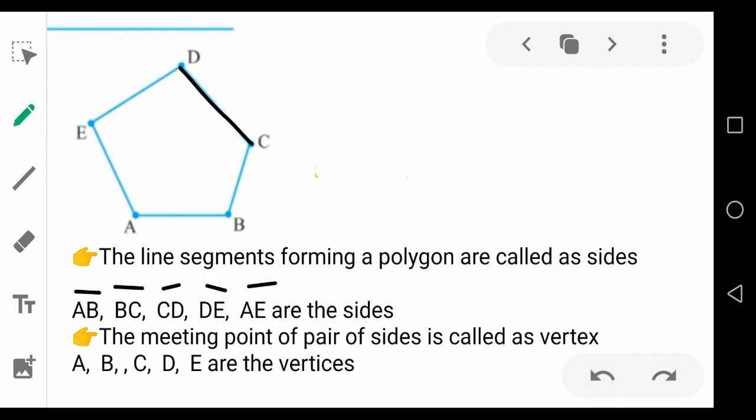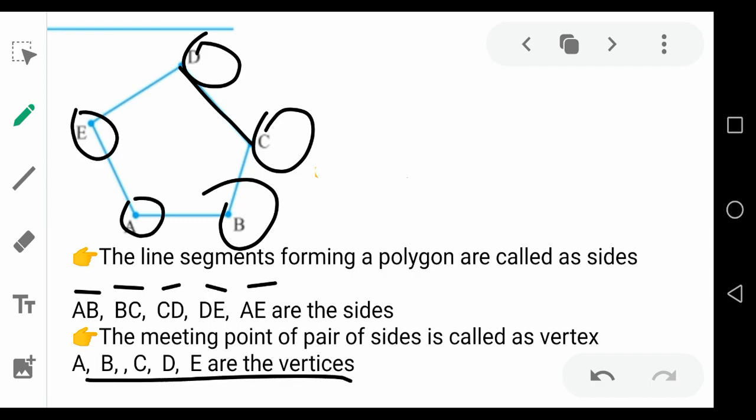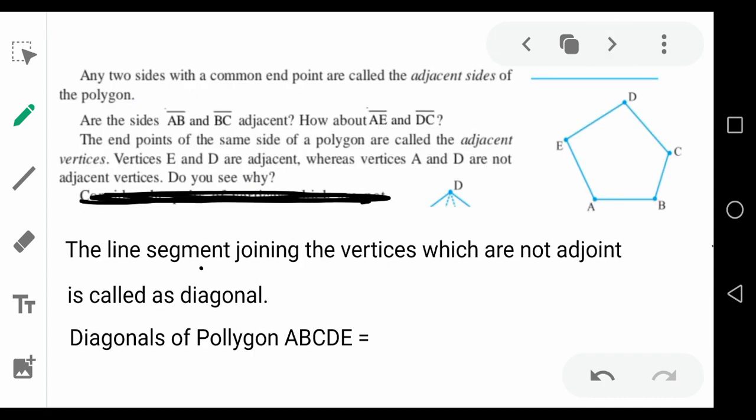So D, C, B, A, E, these are the vertices. Vertex means singular, vertices means plural. Okay. So they are the vertices of the polygon ABCDE.